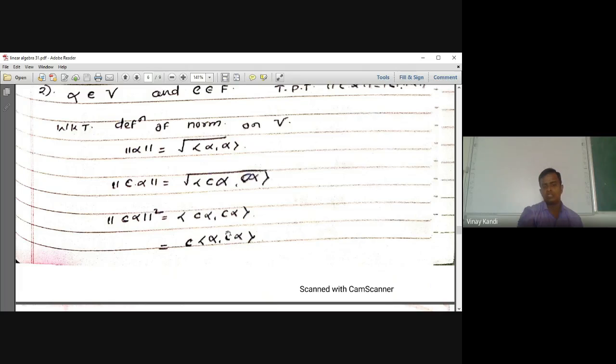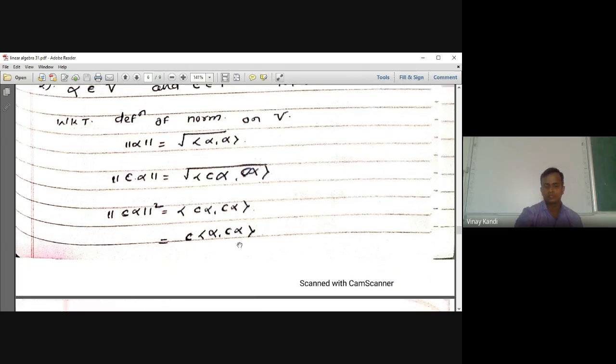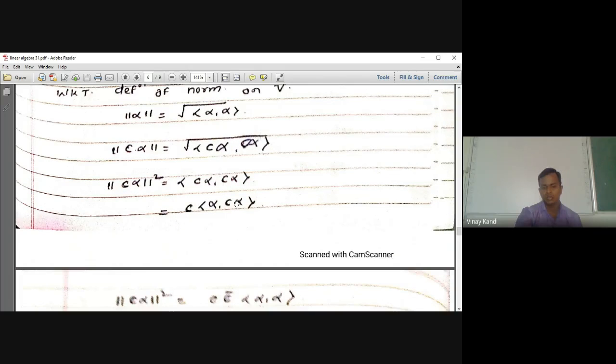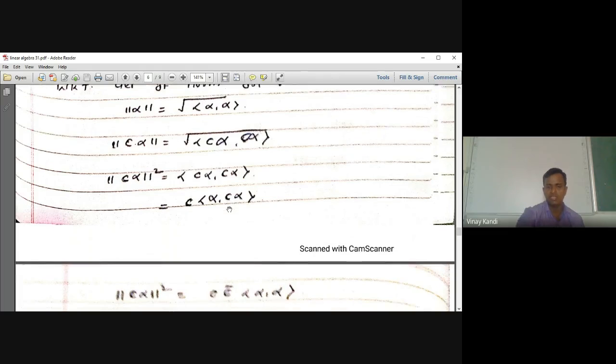Now this C comes outside the inner product as it is, and the other C comes outside the inner product by taking C bar.